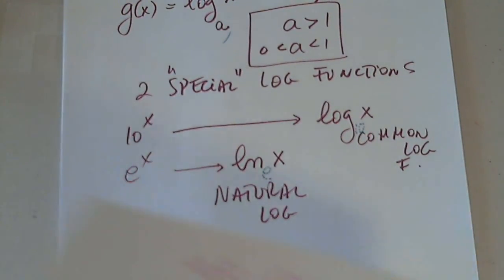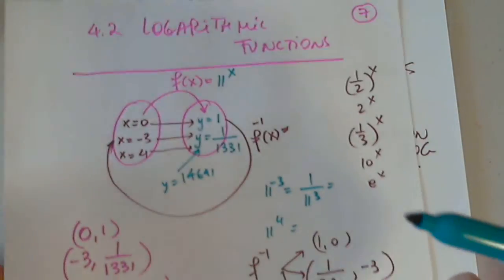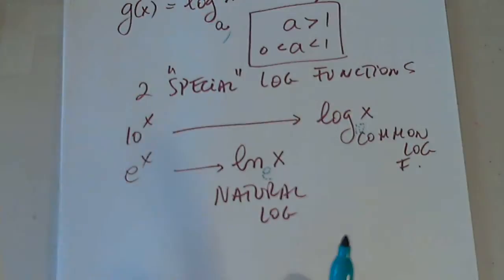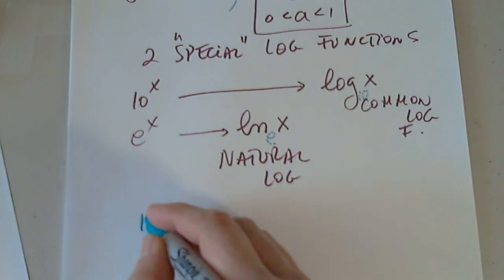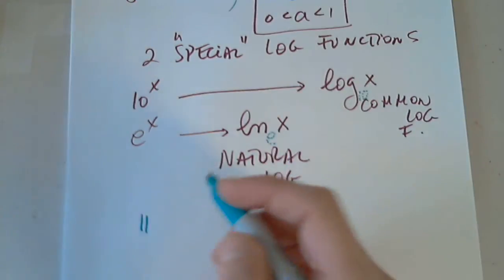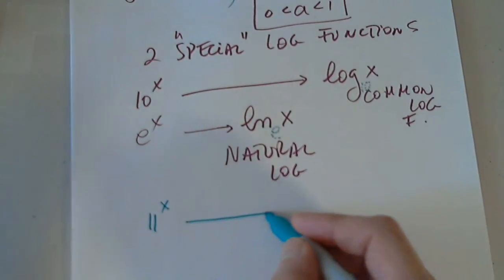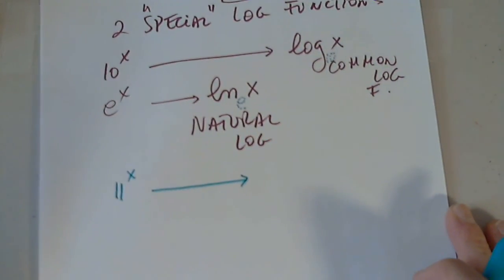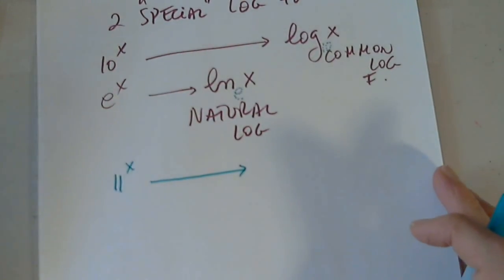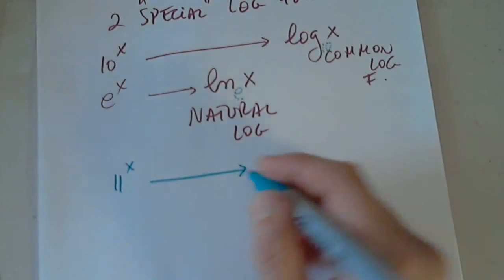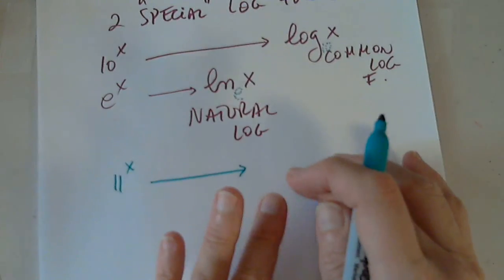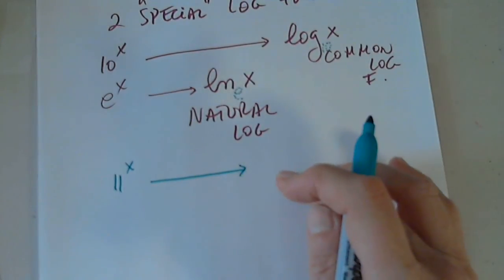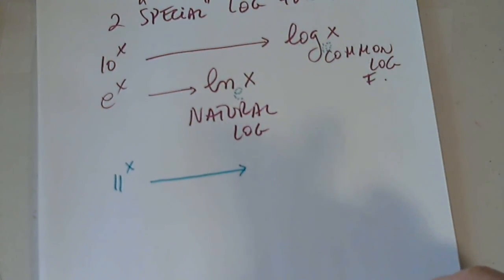Okay, so now I can come back to this. If the exponential function that we picked is 11 raised to the x, can anyone have an idea of how I will denote the log function that is the inverse of this? What do you think? What will be the notation?